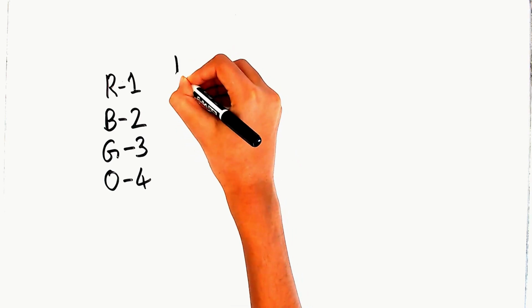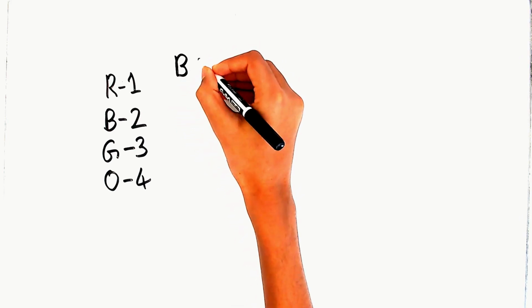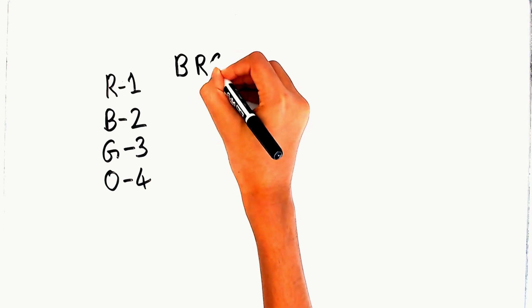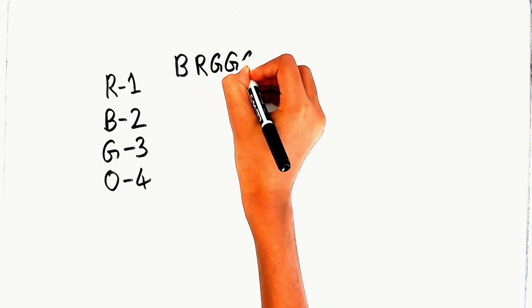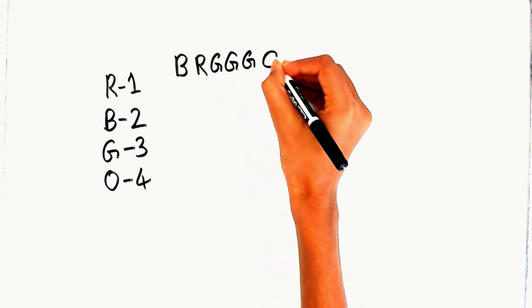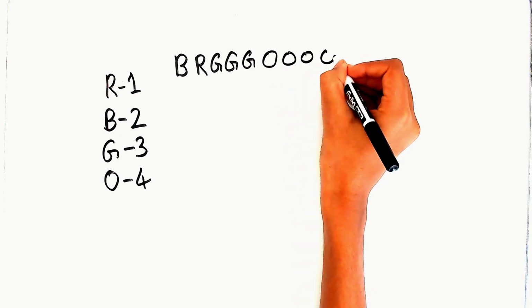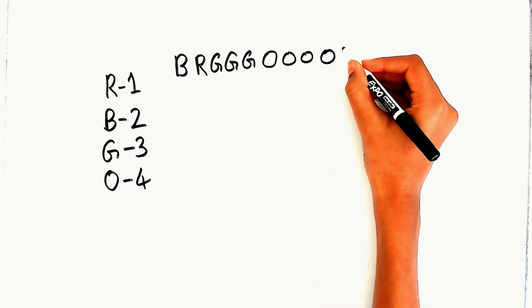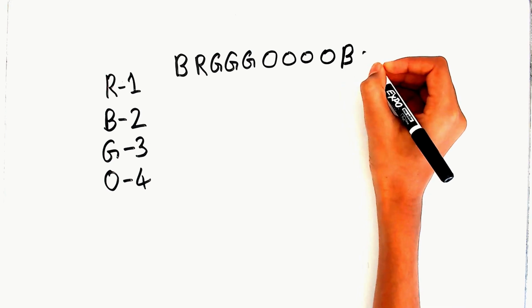So it would be B, and then R, G, G, G, O, O, O, O, and a B at the end.